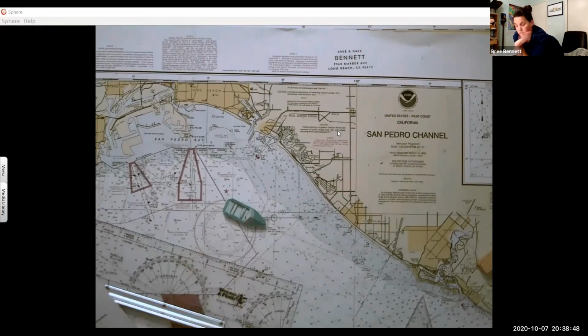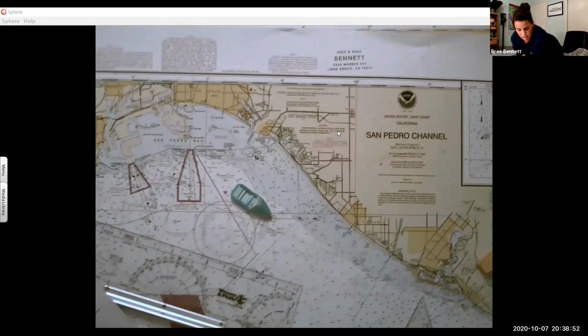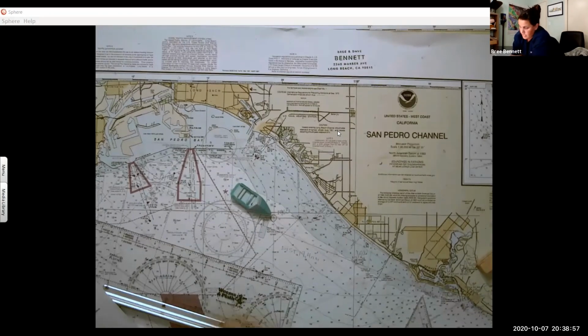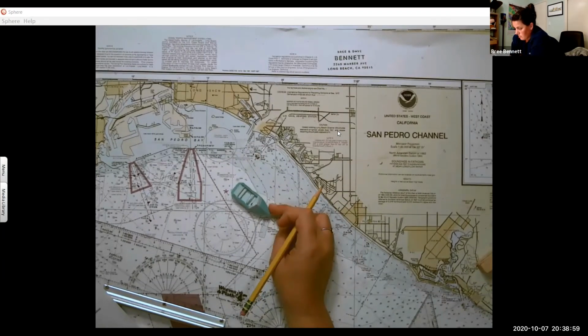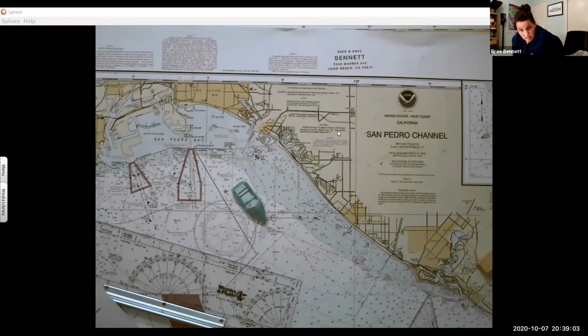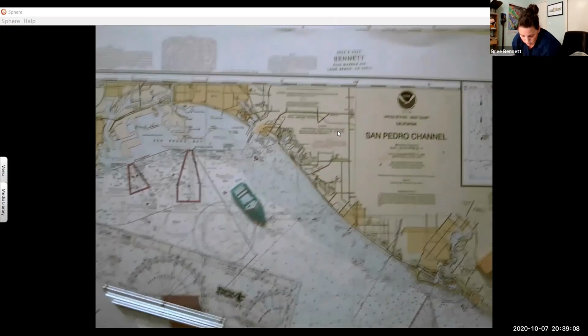We're cruising along. We are to the left of the track line. So we need to change course to the right to get us back on course, if we want to go back on course.